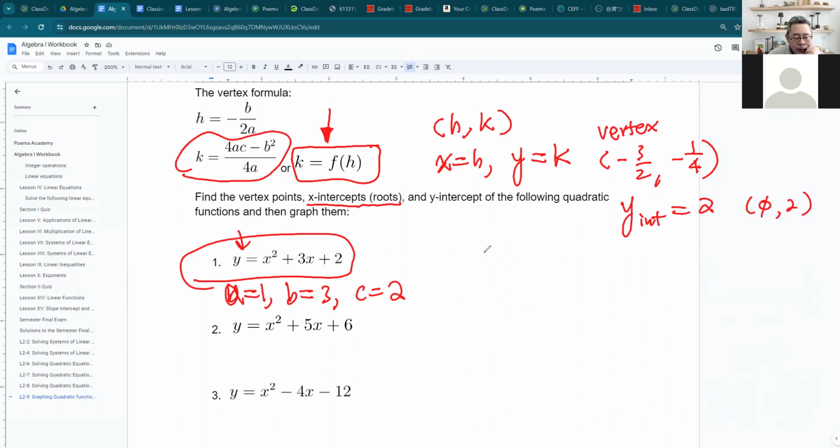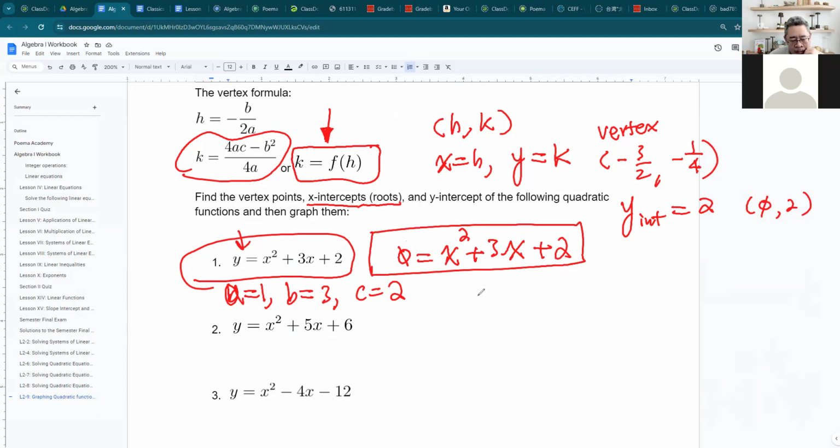Then we need to use the quadratic formula to find the x-intercept, or we can just use factorization, because at the x-intercept we got 0 equal to x to the second power plus 3x plus 2. Now this is the quadratic equation.